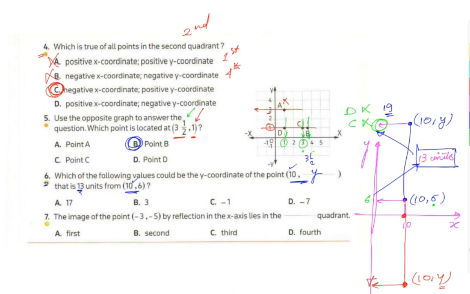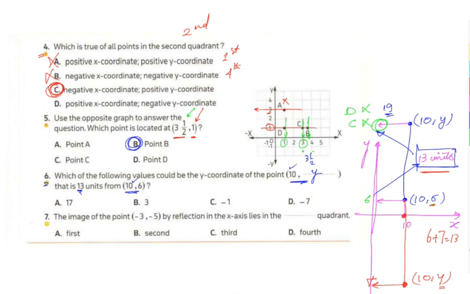In this case, I can set the distance between 6 and y as the absolute value of 6 plus y. 6 plus what equals 13? 6 plus 7. Yes, 6 plus 7 equals 13 units, right?